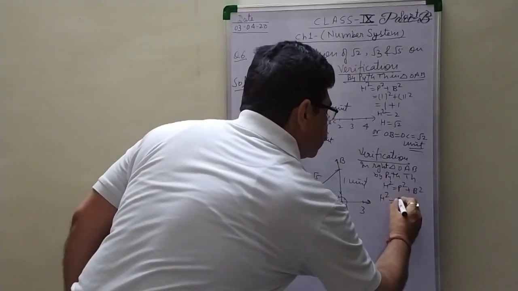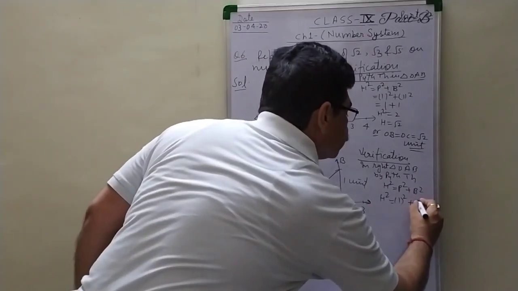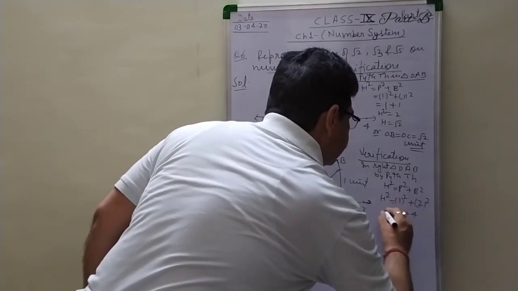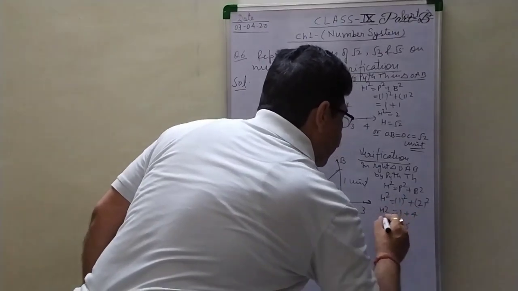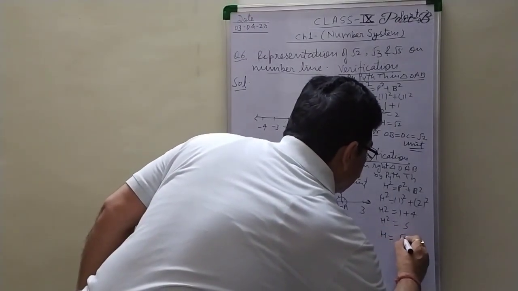Perpendicular is 1 unit and base is 2 units. 1 square is 1, 2 square is 4, so this is 5. H square is 5, so h is root 5 units.